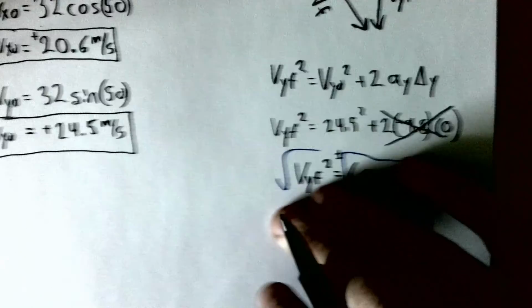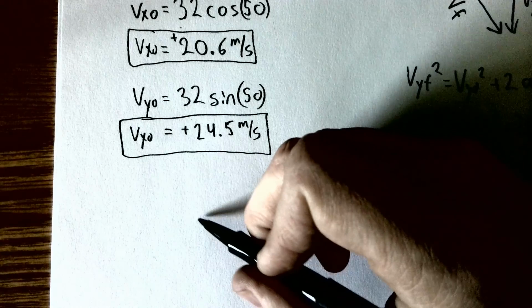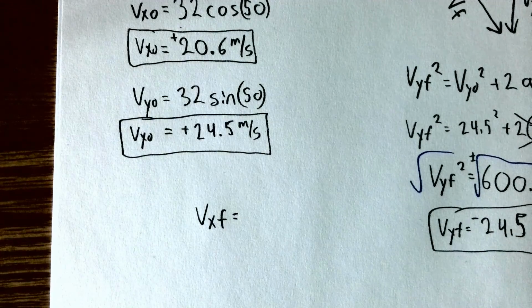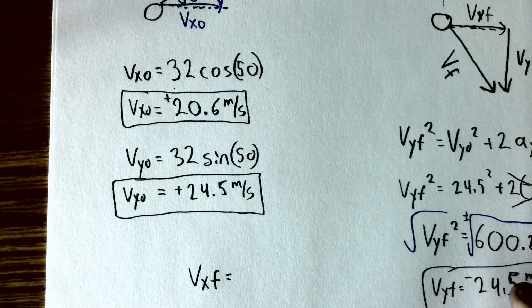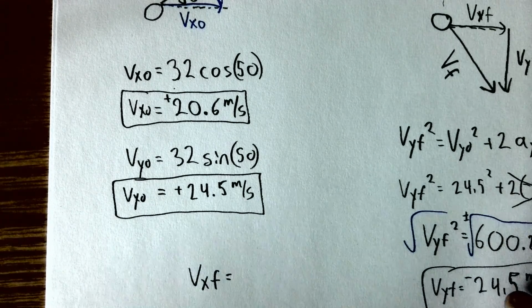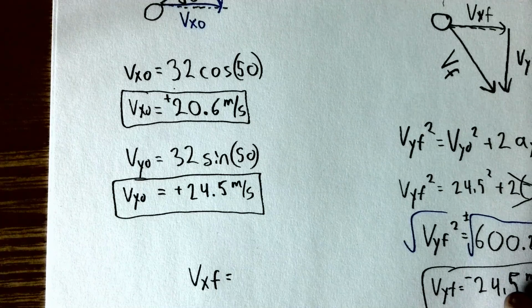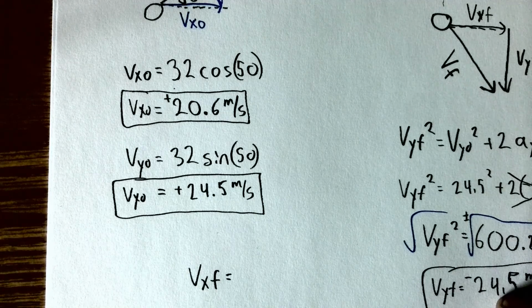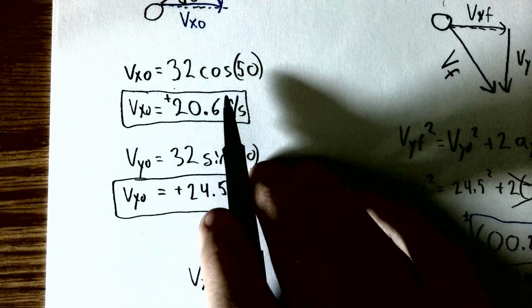Anybody know? So Vx final is a little bit of a trick. Anybody know what Vx final is? I kind of added this in as a trick. I think I heard someone say 32. It's not 32. Very good. 20.6.